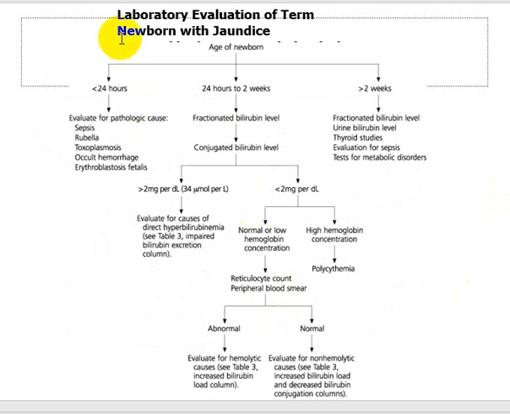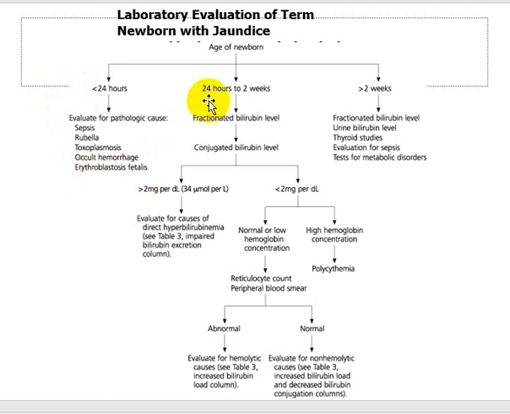This is a summary of lab investigations done for neonatal jaundice. If it occurs in the first day of life, we need to evaluate for a pathologic condition, congenital infection, and RH or ABO incompatibility.